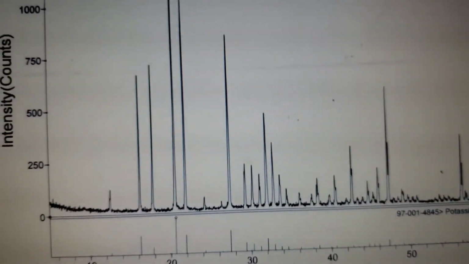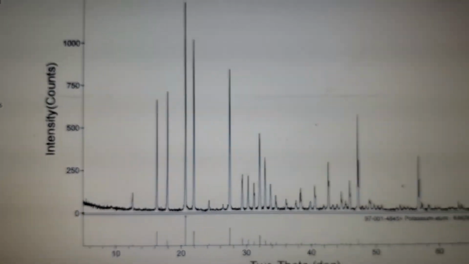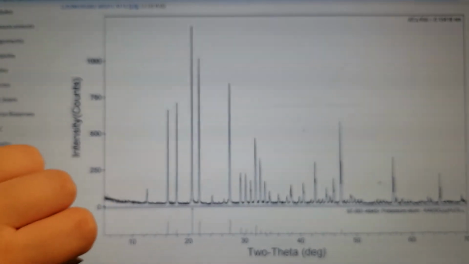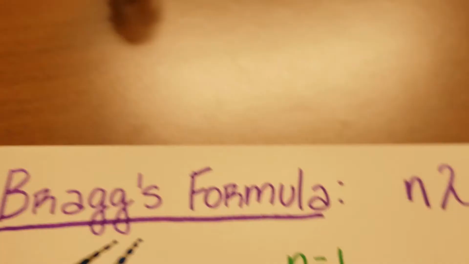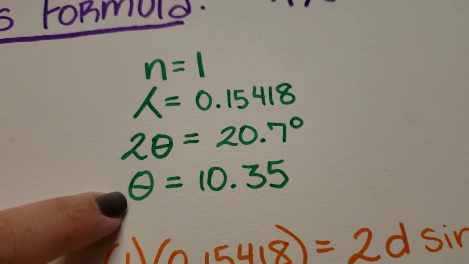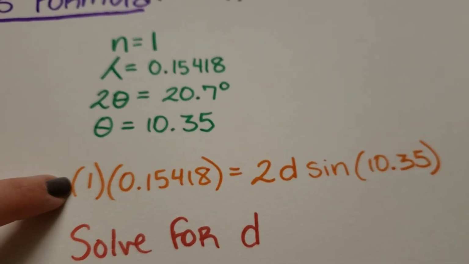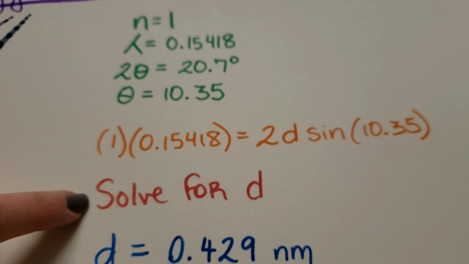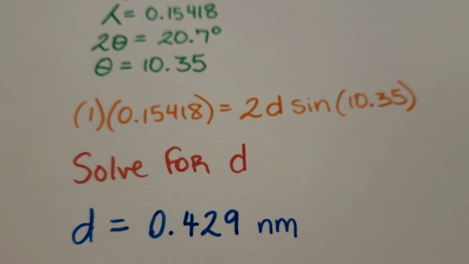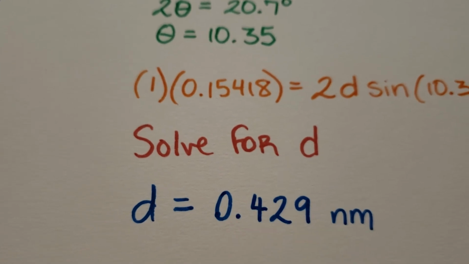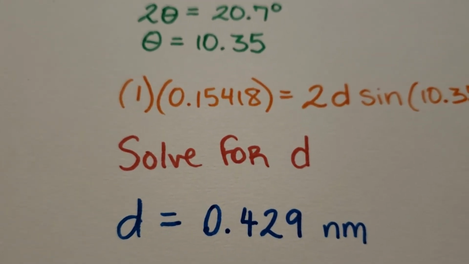So whatever we find the highest peak to be, which is this one right here, which I determined to be 20.7, you have to divide that by 2 to actually find theta. So you plug all of this information into the equation, and then you can solve for D, which is 0.429 nanometers. And that would be our D-spacing for alum.